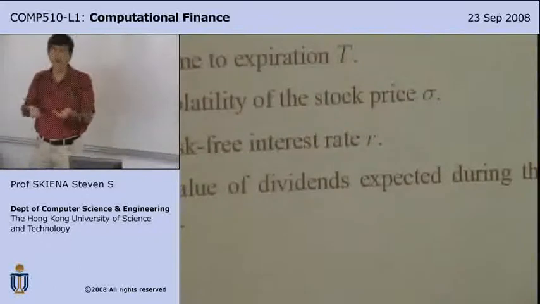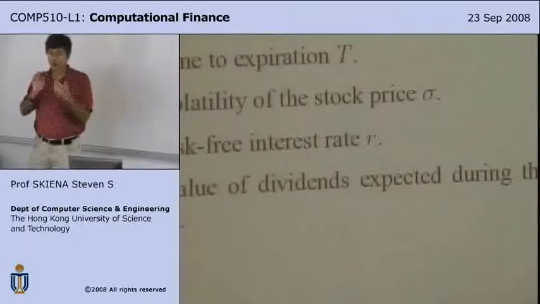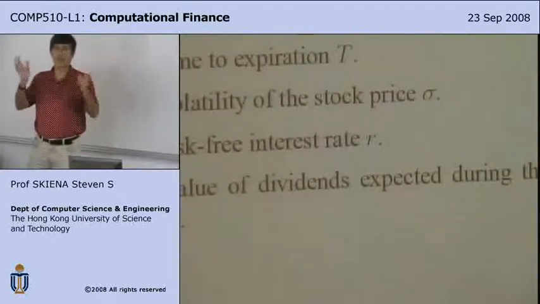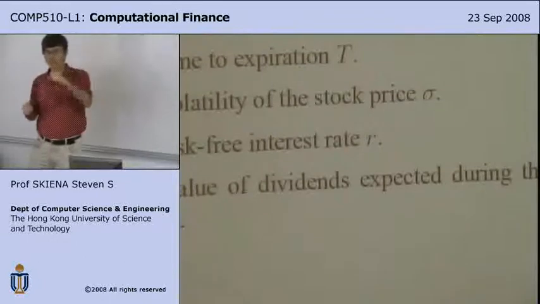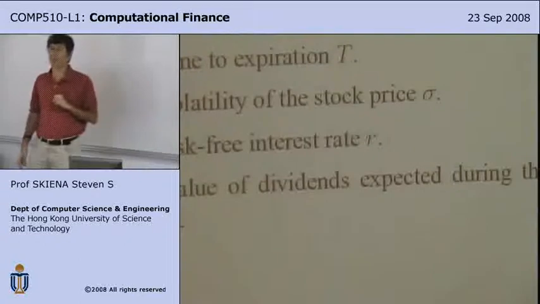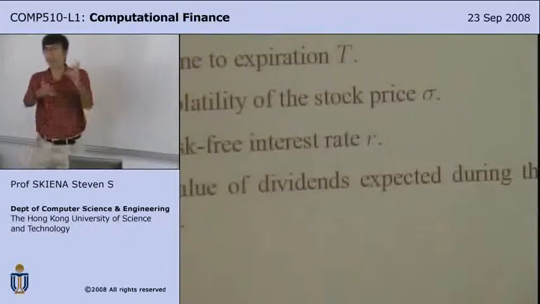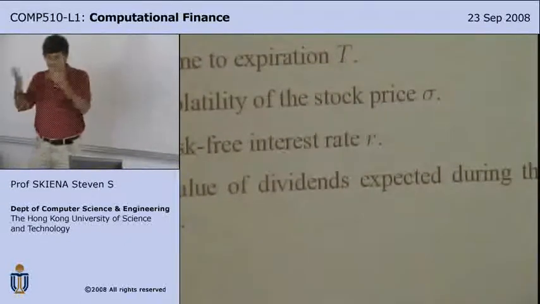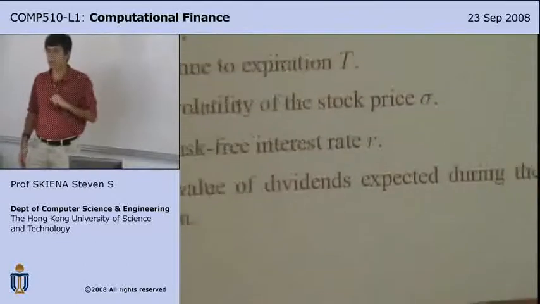On one hand, it's supply and demand, because if everybody suddenly decided they wanted GE call options expiring in 2010 at $50, there would be more people buying them and the price would go up.